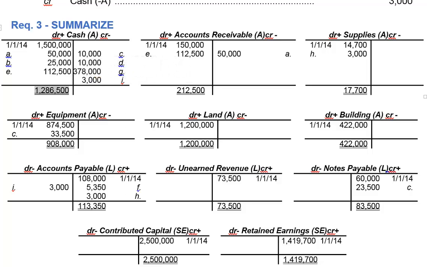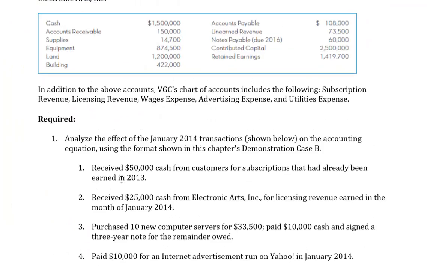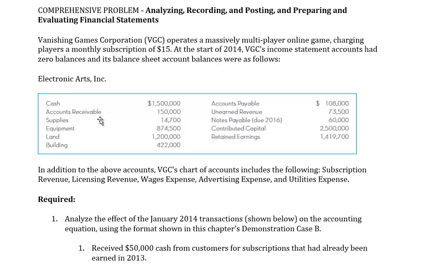So let's begin. You'll remember in our question, we had given you some opening balances here for the company. So for the company, they had opening balances for assets, liabilities, and shareholders' equity.